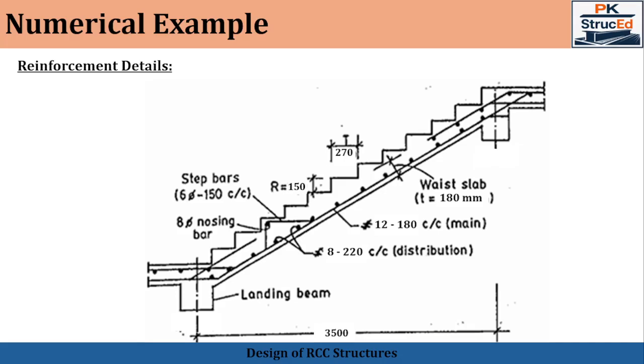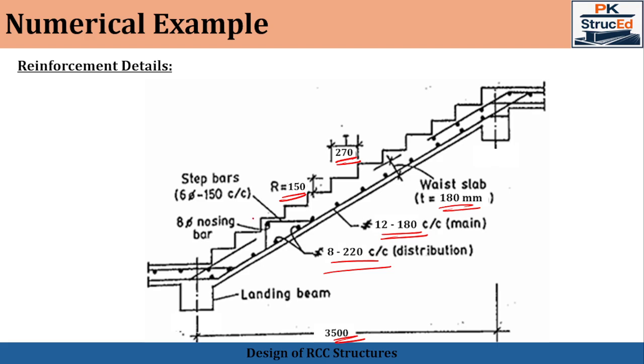Next, moving on with the reinforcement details, we can see the effective span is given as 3500 mm, or otherwise 3.5 meter. The tread is given as 270 mm, riser of 150 mm, and the main reinforcement is provided as 12 mm dia bars at 180 mm centers and the distribution of 8 mm dia bars at 220 mm centers with a base slab thickness of 180 mm.